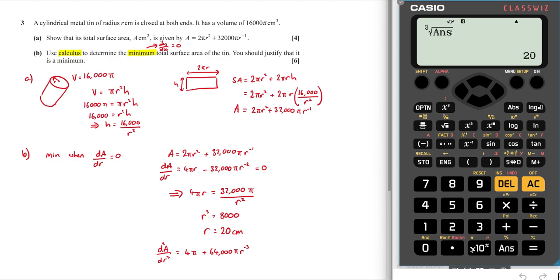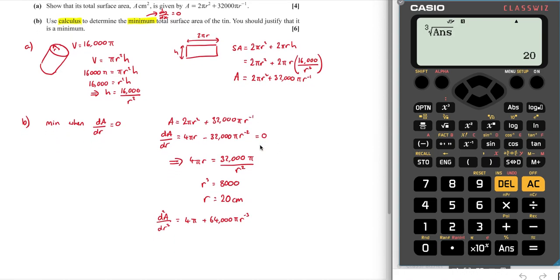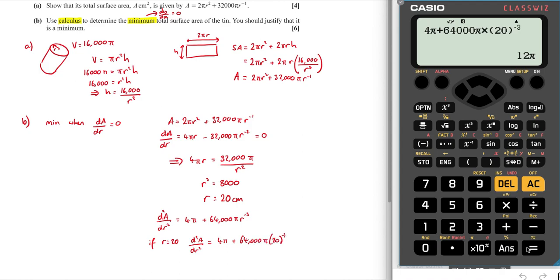When I put 20 into that, so if r is 20, let's just do the calculation: 4 pi plus 64,000 pi times 20 to the power of minus 3, which gives me 12 pi, and we know 12 pi is greater than 0.